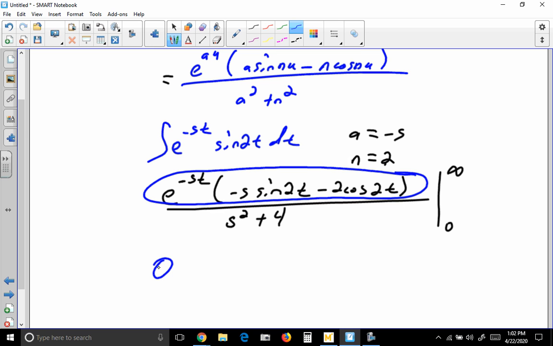So we're going to have 0 minus, if we put in a 0 for t, e to the 0 is 1. So we're going to have 1. In the parentheses, if t is 0, sine of 0 is 0, so that's gone. Cosine of 0 is 1, so we're going to have negative 2 over s squared plus 4. So we're going to end up with 2 over s squared plus 4.